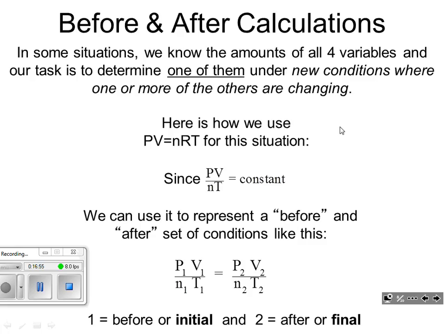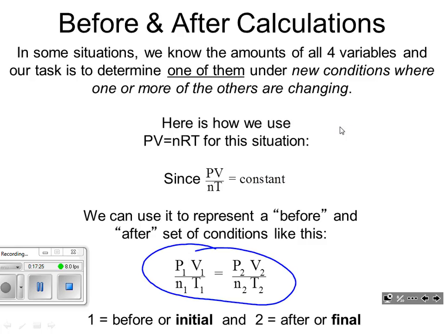So we could change one thing, we could change a couple of things. It'd be somewhat similar to that last problem we did. We could find out what something was and then, for instance, increase the temperature and see how that affected the whole equation.